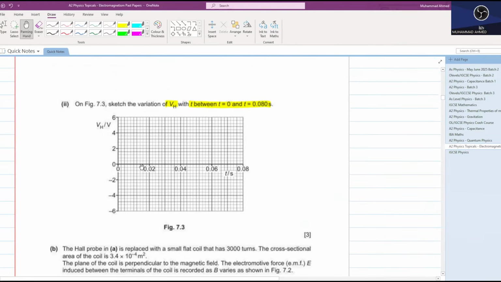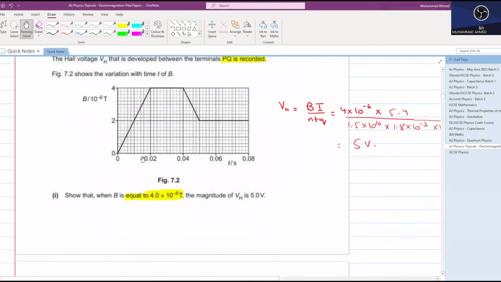Okay, so we have to draw the graph for Hall voltage. Let's see this. As you can see, B is starting from 0 at time t equals 0. So Hall voltage will also start from 0 at time t equals 0. And at time t equals 0.02, B reaches a value of 4 into 10 raised to the power of minus 6.